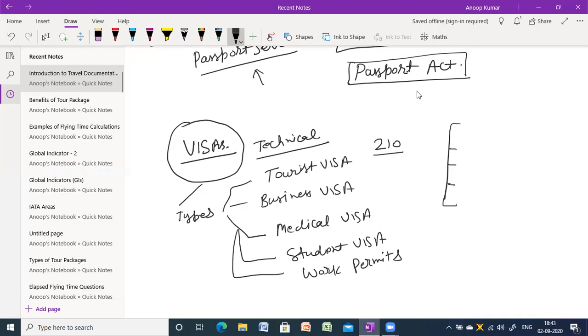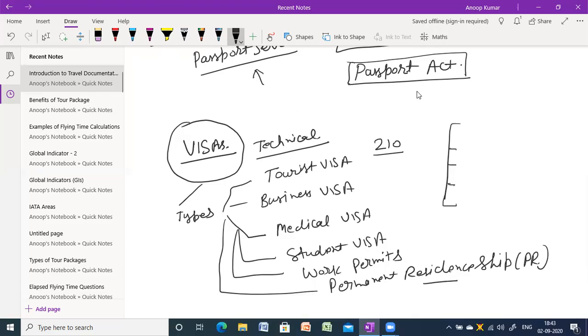We will also study a bit about PRs, that is permanent residentship, which is also a type of visa. So we will study about this also.